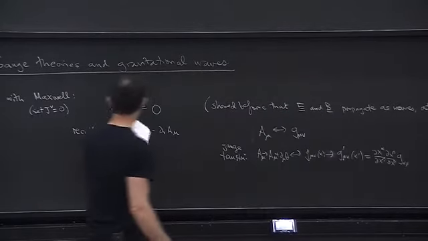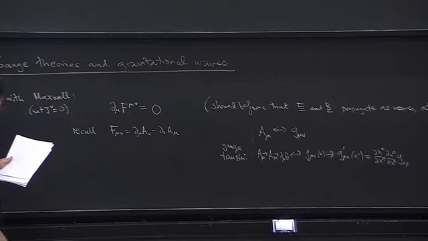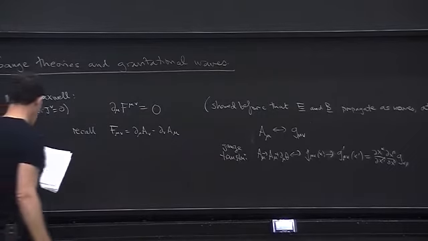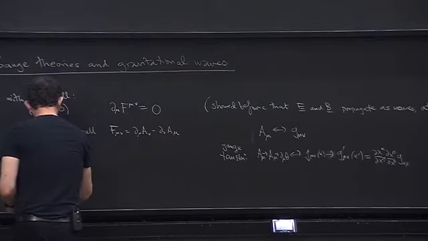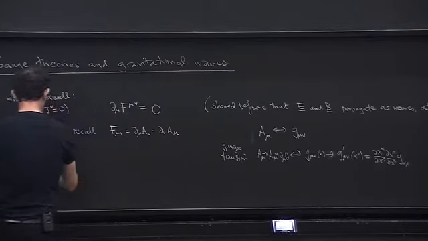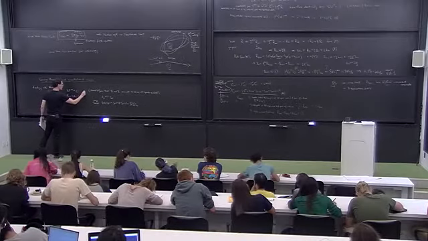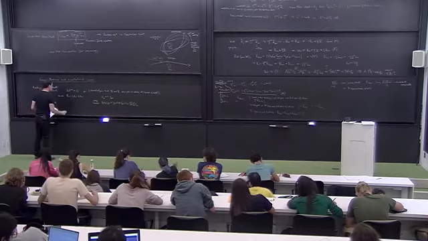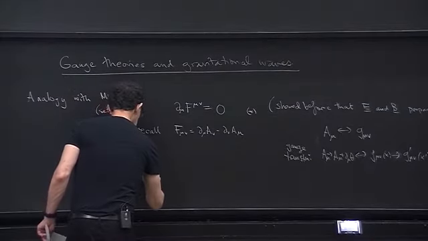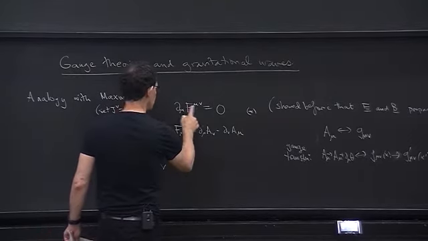And so let's write Maxwell's equations in terms of this vector potential. Let's just call that star. Star becomes d mu d mu A nu, that's the first term.